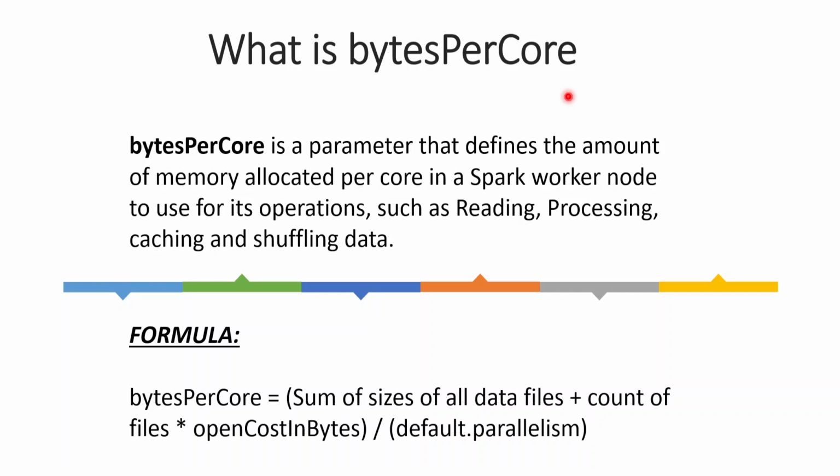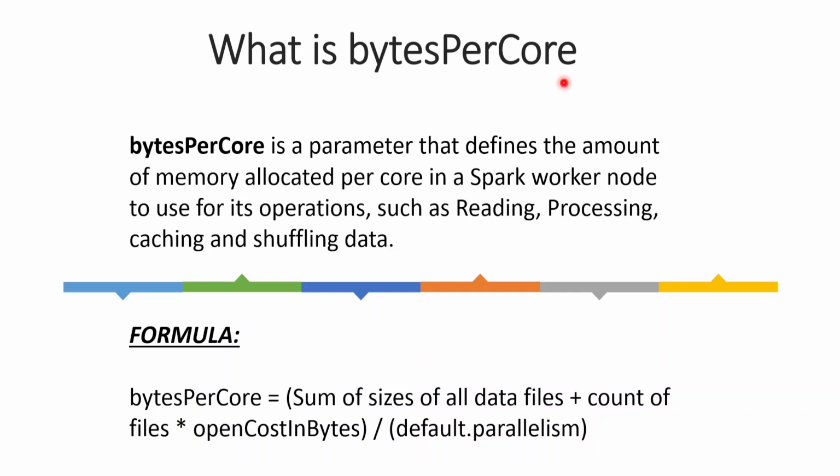Let's say we have 10 cores in our worker node and a 1 GB file. This 1 GB file will be divided by the number of cores, so it comes to approximately 100 megabytes, which means each core within the cluster can process approximately 100 megabytes. That is the calculation of bytes per core.